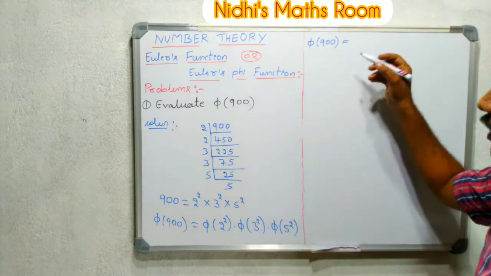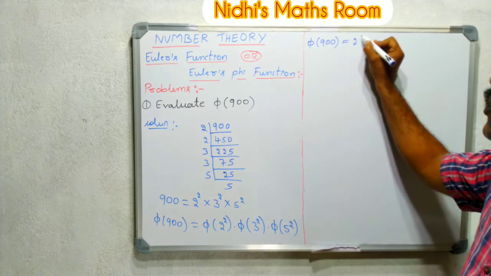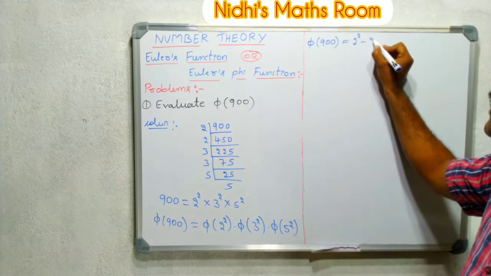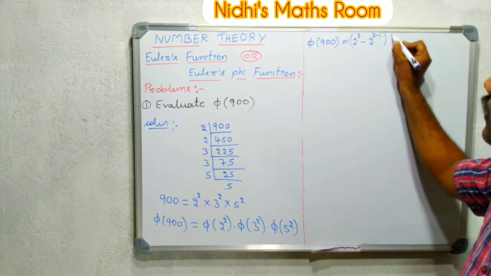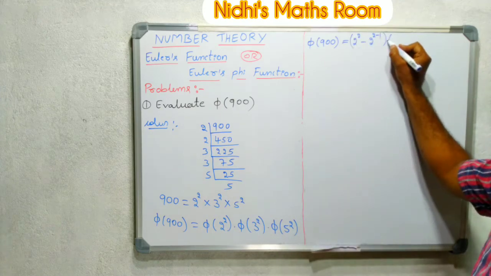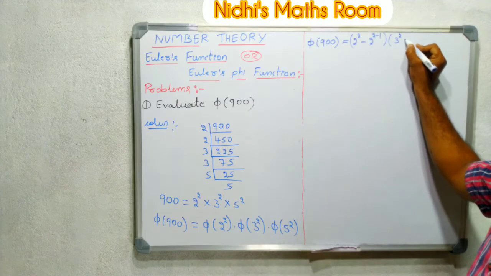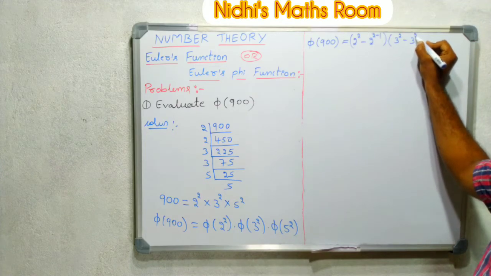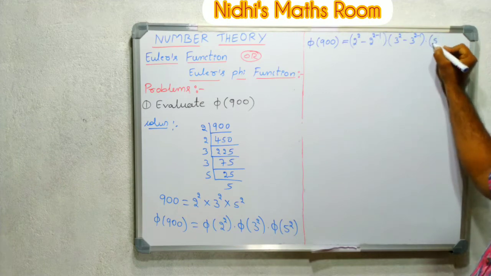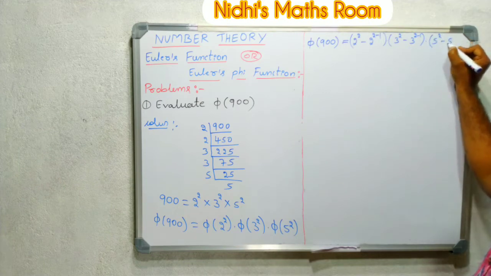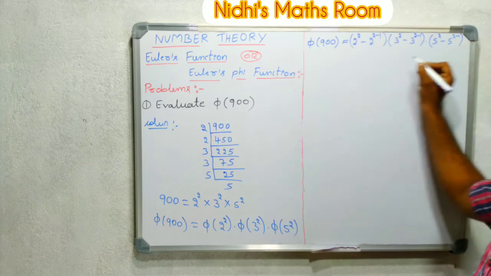This phi of 2 power 2 can be written as 2 power 2 minus 2 power 2 minus 1 into 3 power 2 minus 3 power 2 minus 1 into 5 power 2 minus 5 power 2 minus 1.